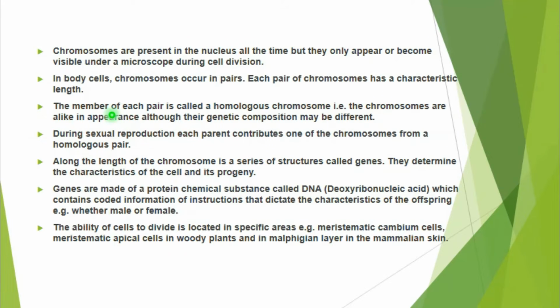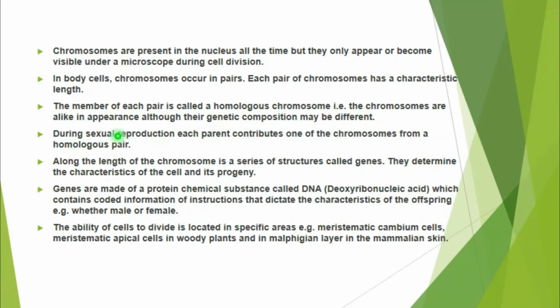That is, they are the same. But what brings their difference is their genetic composition. So in summary, homologous chromosomes are chromosomes that are alike in appearance but have different genetic composition.